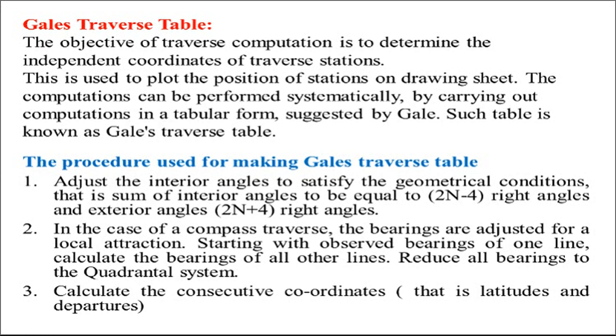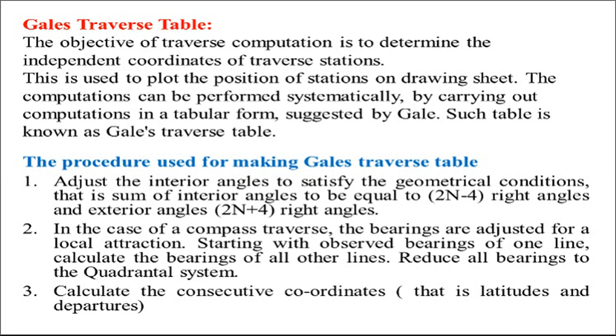This is used to plot the position of stations on the drawing sheet. The computation can be performed systematically by carrying out computations in a tabular form suggested by Gale. So such a table is known as Gale's traverse table.